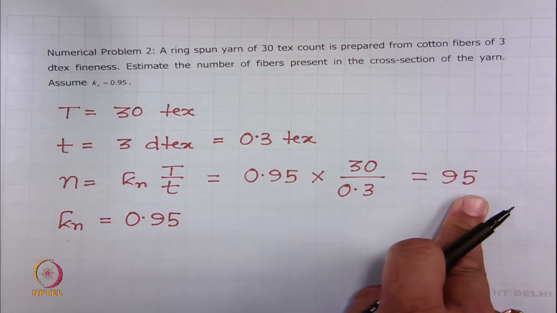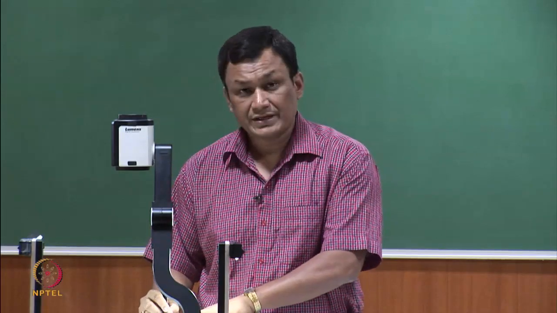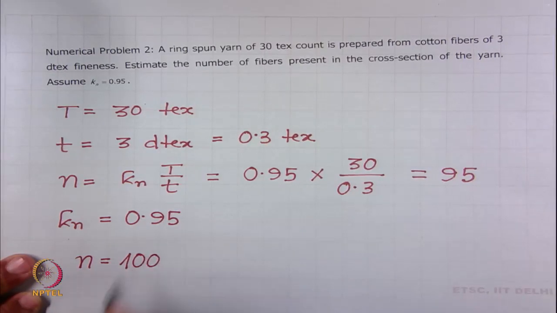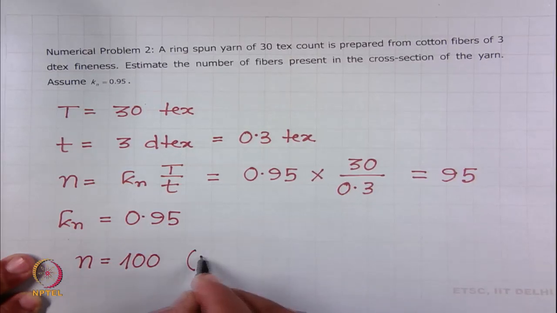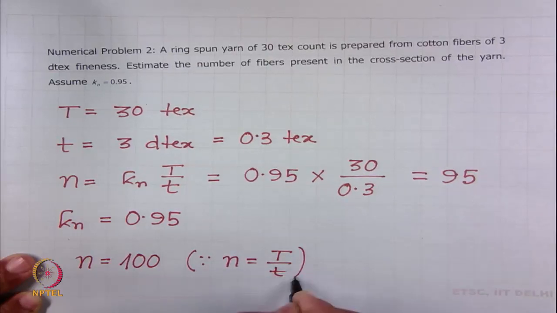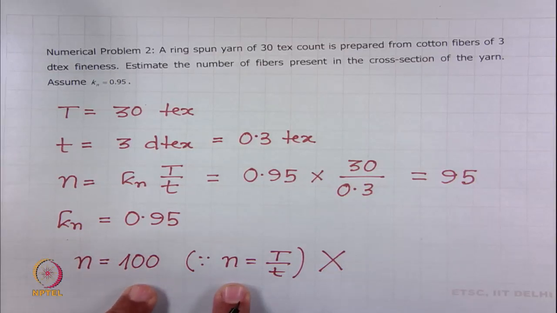To give you a small note, if you calculate, many people do n is equal to 100, since you know n is capital T by small t, which will be wrong, because this formula is valid for parallel fiber assembly, not for yarn, because yarn is a twisted fibrous assembly.